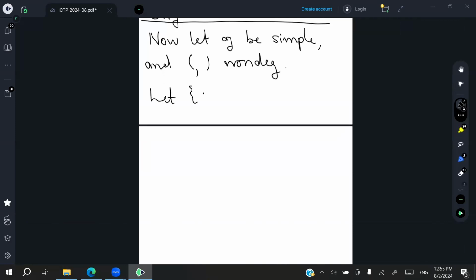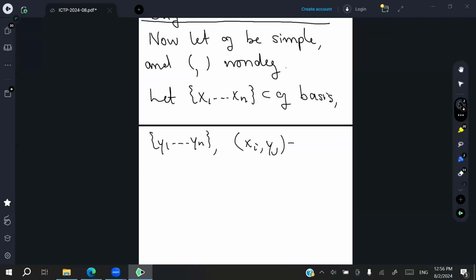Let x1 through to xn be a basis. We'll take the dual basis given by (xi, yj) = delta ij.